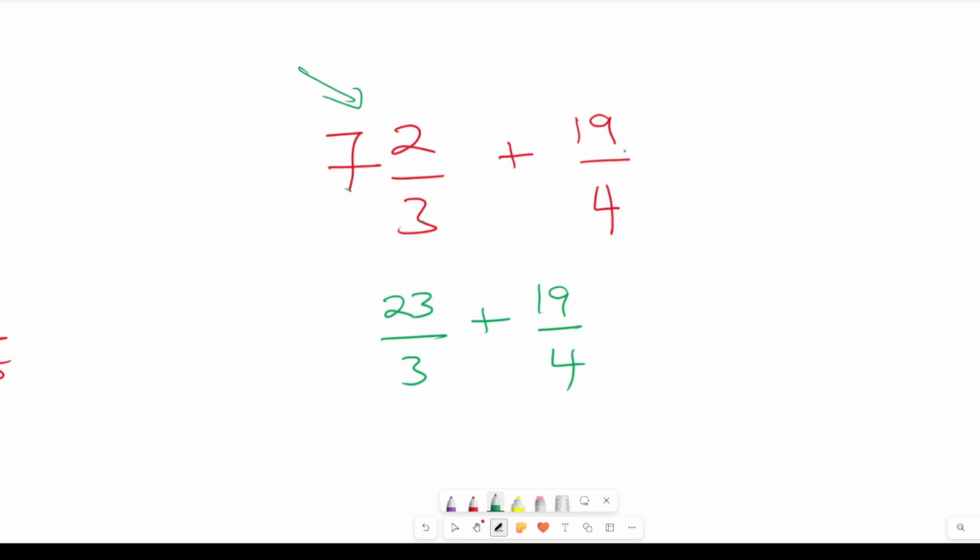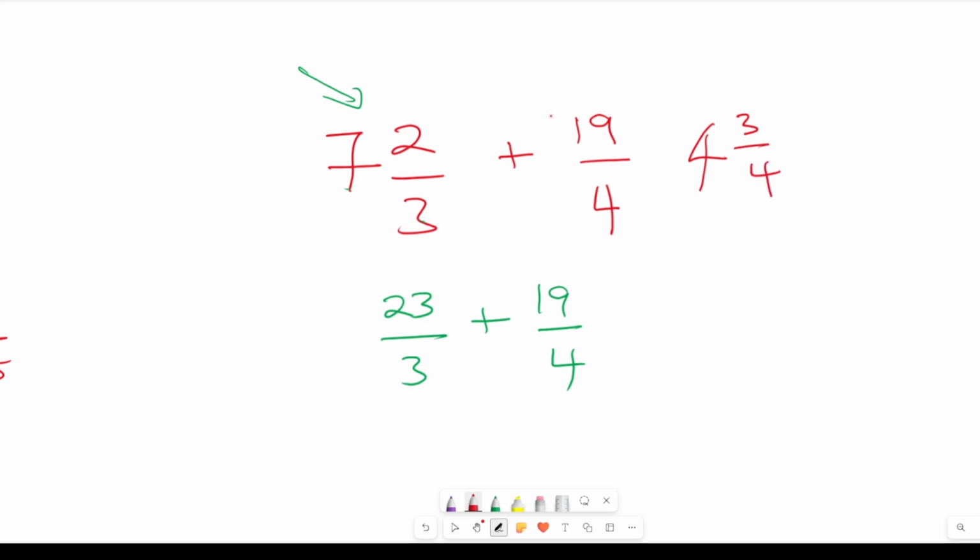Some people can also go the other way. They'll change this to a mixed fraction, and that will be 4 whole number 3 over 4.